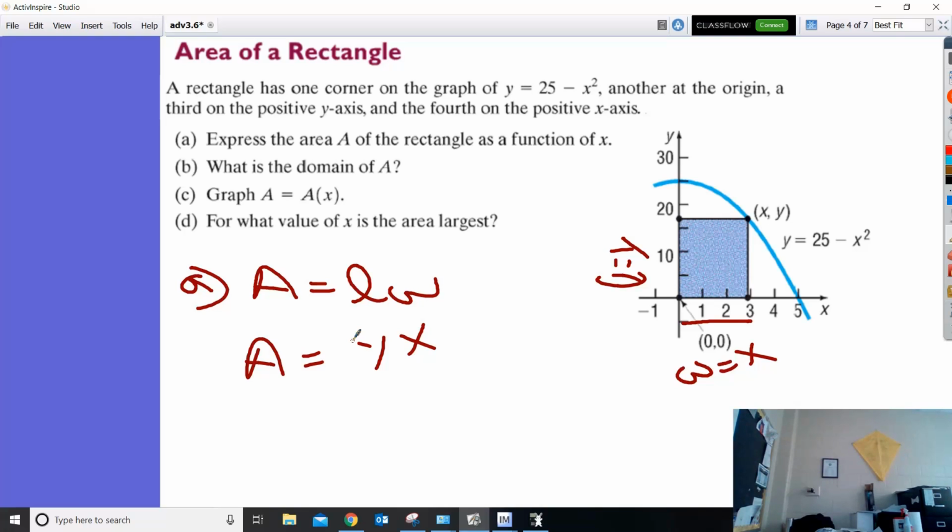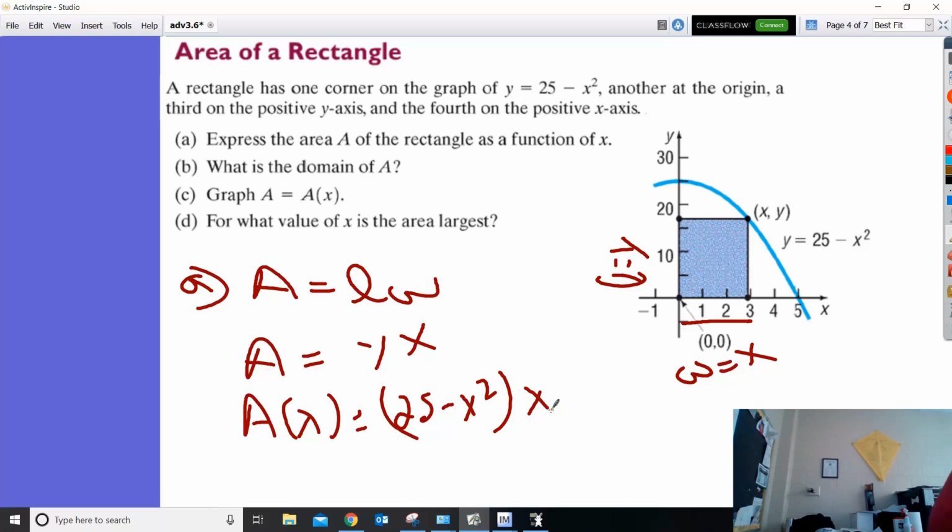Oh, it's not on your paper? It's up here. What are you going to do with that 25 minus x squared? Put it into what? Is it now an expression of x? Yeah, why? Because x is the only unknown.